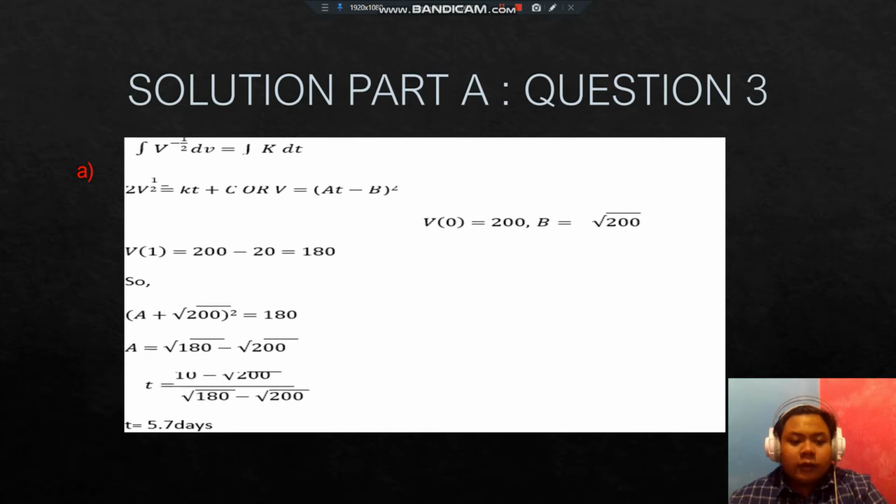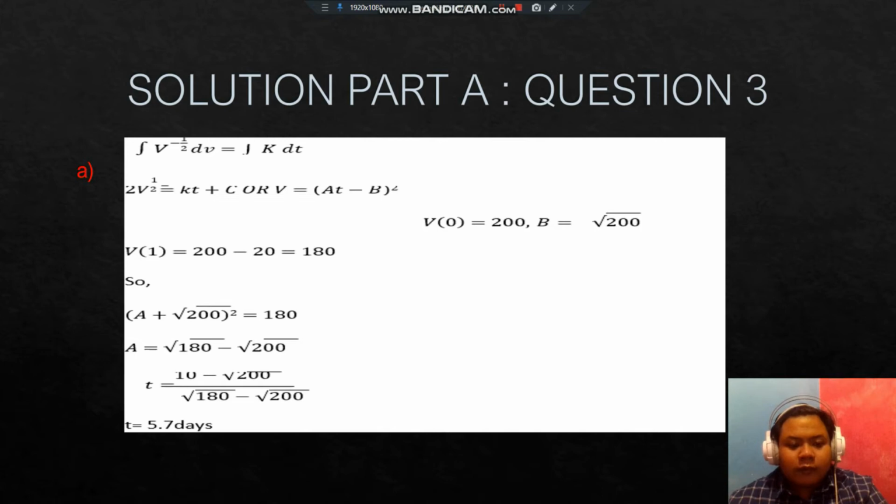Okay. Question A asks when the tank will be half empty. So we use this formula, and then we expand and it becomes like this. When the tank is full, 200, so V0 is square root 200.